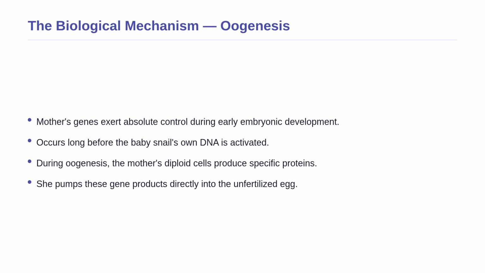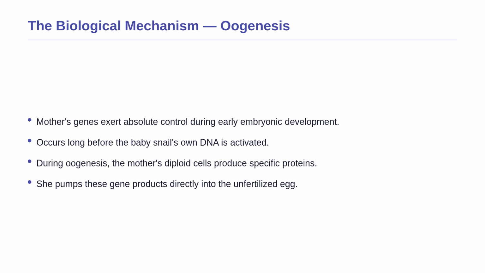This brings us to an important question. Why does the mother's DNA have such absolute, overpowering control over the baby snail's shell? The answer lies in the very first moments of embryonic development, long before the baby snail's own DNA is even activated.